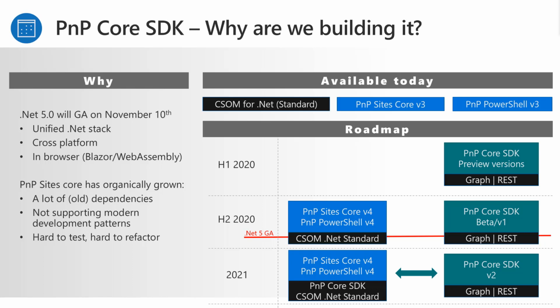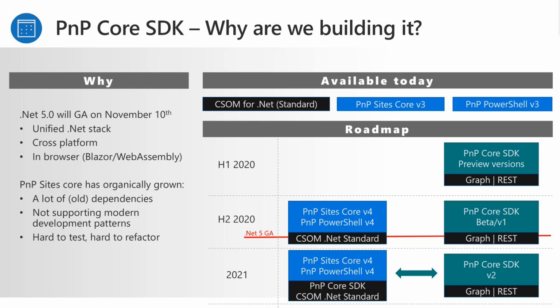Now, in parallel, we'll keep working on the PnP Core SDK, targeting a beta v1 still this calendar year, and then over time the PnP Core SDK will get bigger, get more features, and combine things. So the older PnP Core library will also use the PnP Core SDK for certain tasks. That's a bit of the evolution.